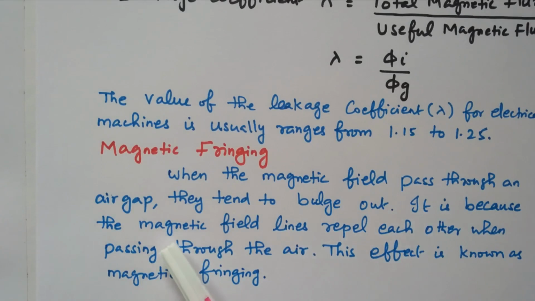This is because the magnetic field lines repel each other when passing through the air. So some parts are deviated, bulged. This effect is known as magnetic fringing. So in this video we discussed what the useful flux is, what the leakage flux is, and what magnetic fringing is. Thank you.